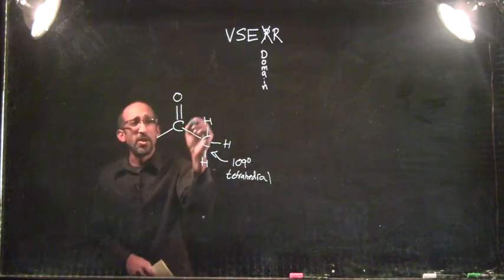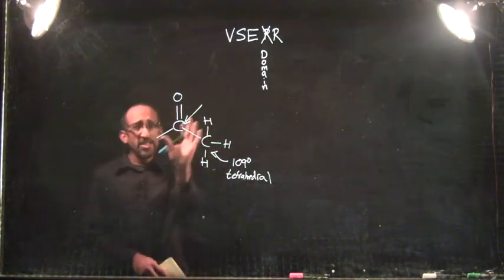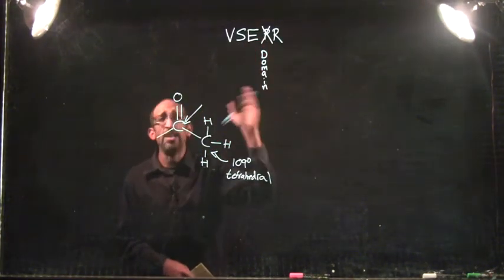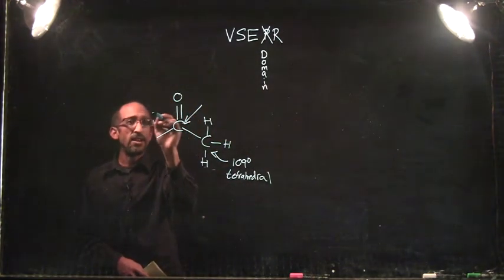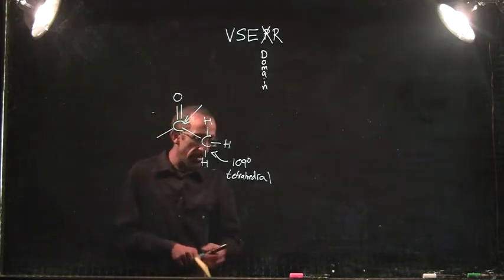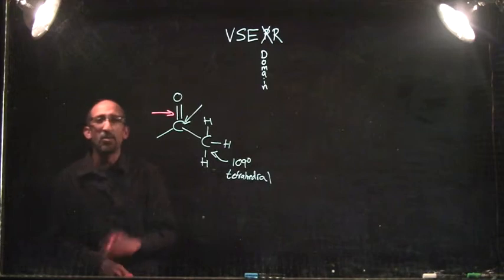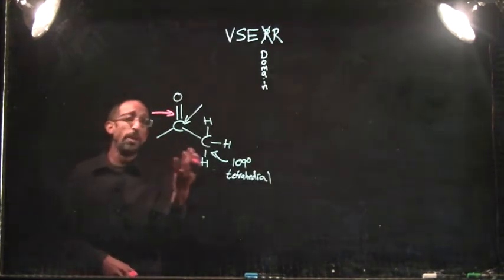Okay, but what's going on here at this central carbon? And this is really where the concept of valence shell electron domain comes into play. We see here, if we look at this double bond, that we don't have a pair of electrons in that region of space. We actually have 4 electrons, or 2 pairs of electrons.